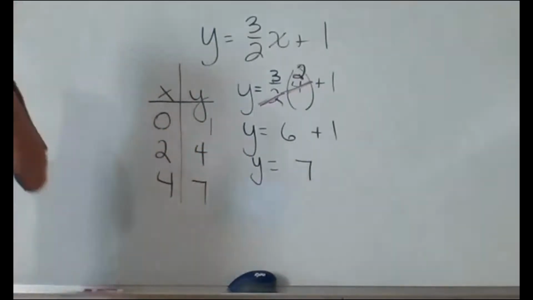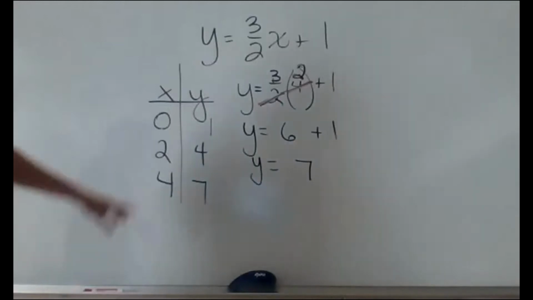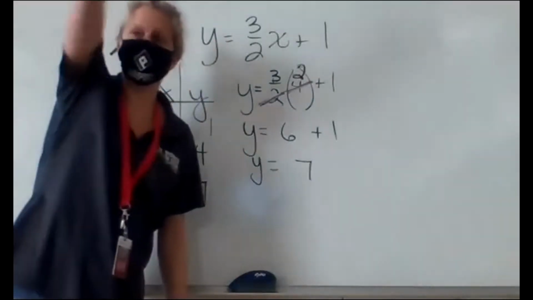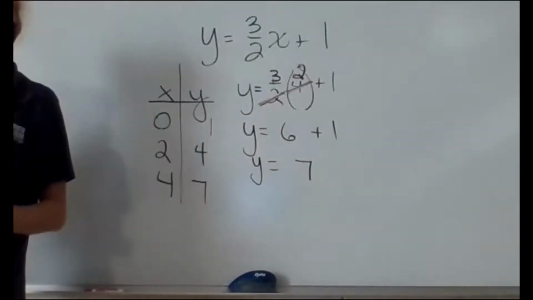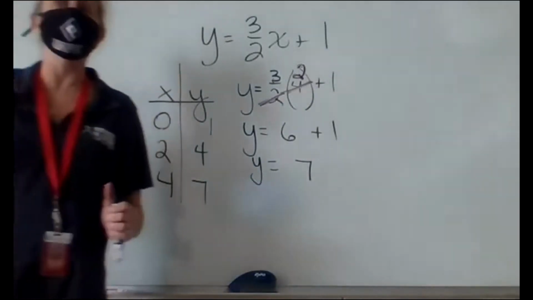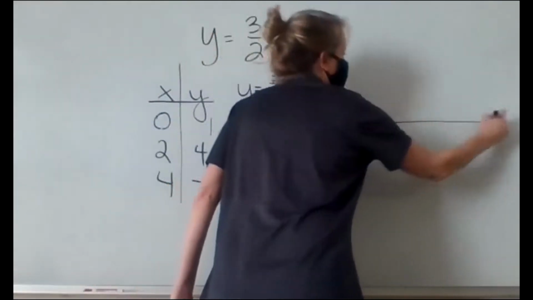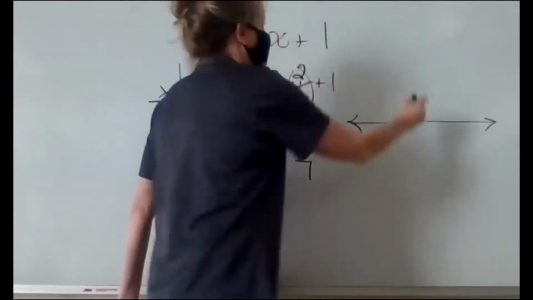Now, these are points that this line goes through. That's what you're finding when you make that XY chart. Points that the line goes through. So let's plot those 3 points.